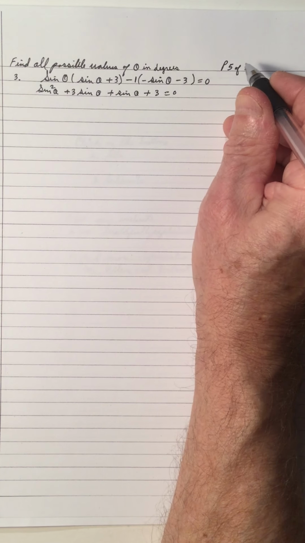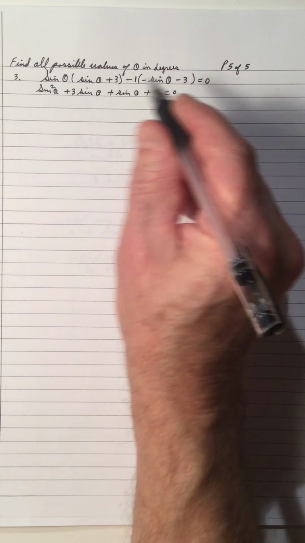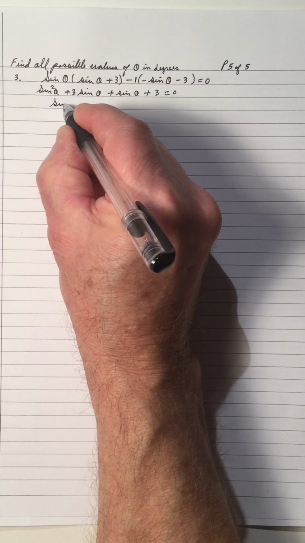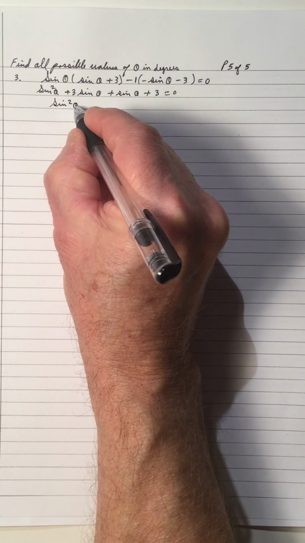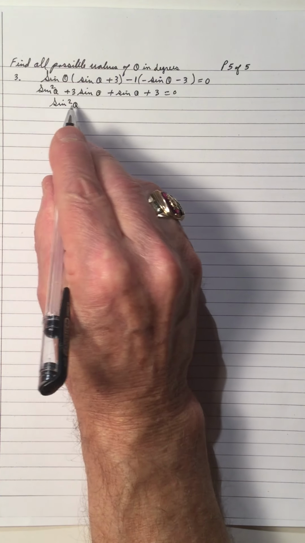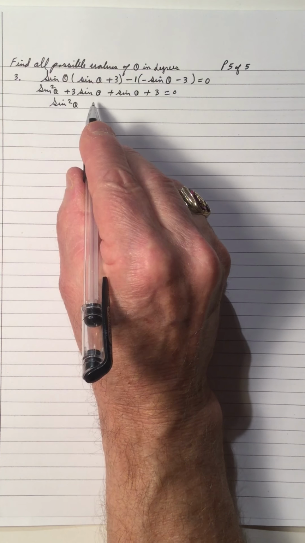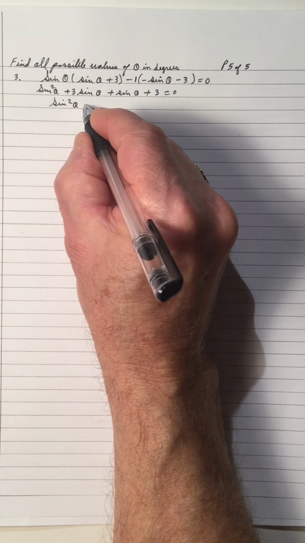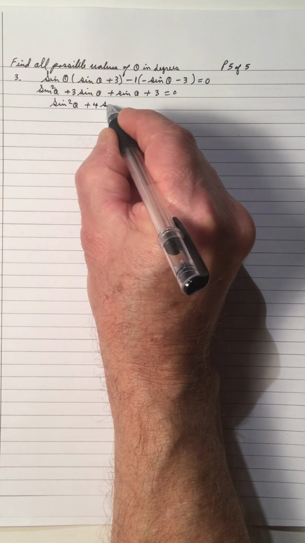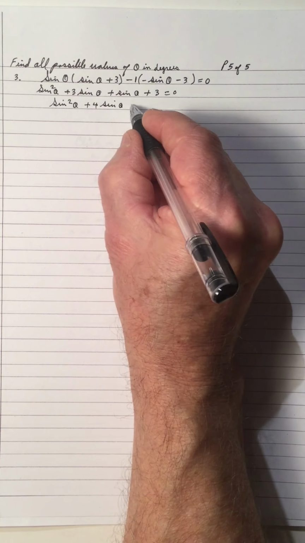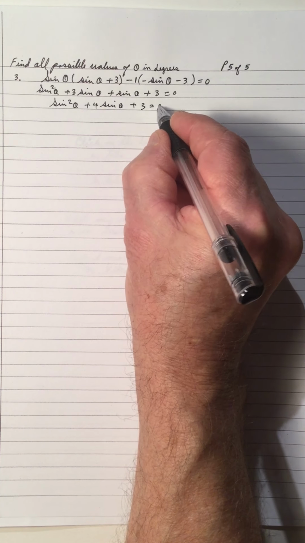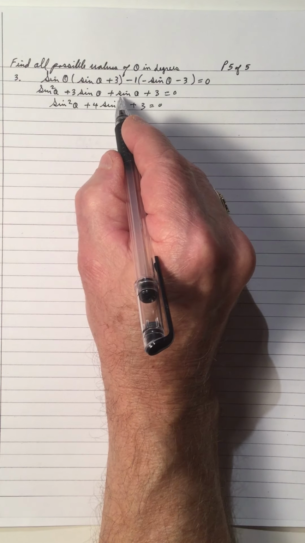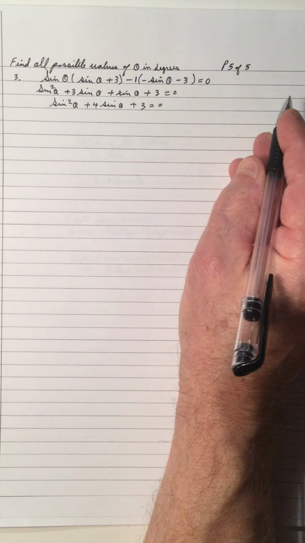So we have the brackets eliminated. Now we have to simplify. So sine squared theta, or we could have, I'll show you another way now. But let's go with this. So 3 sine add on 1 sine is 4 sine.